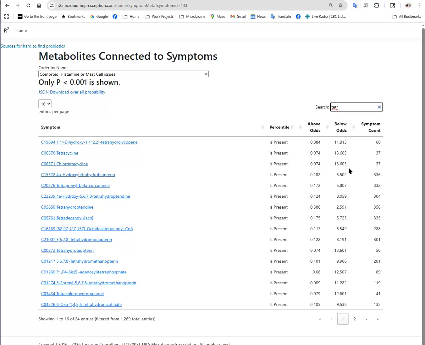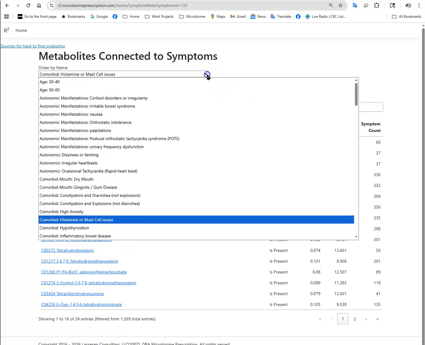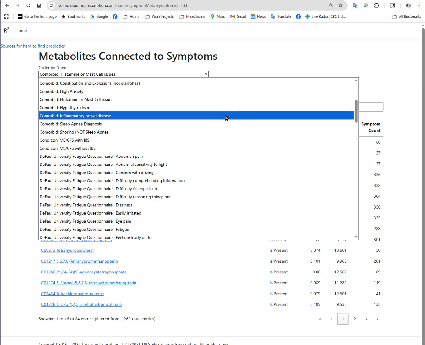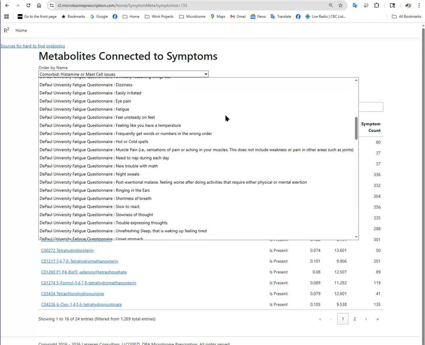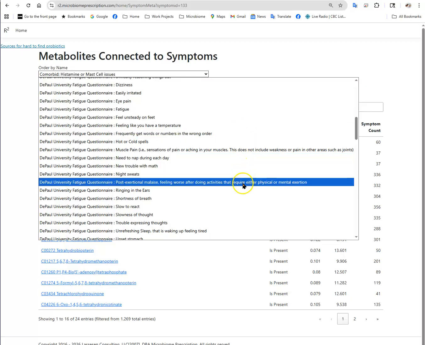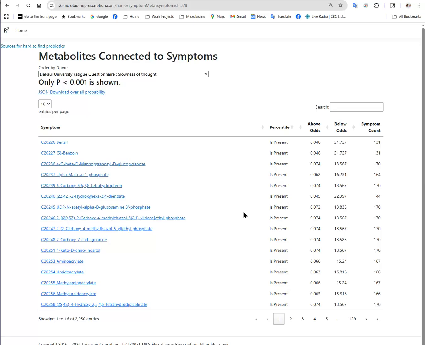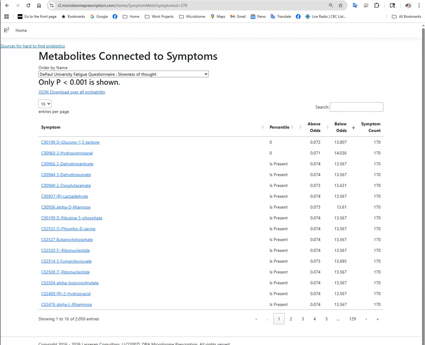So what we have here is a relatively interesting way to explore what is causing something and ideally start working on how to do that. For example, slowness of thought. Again, we have 2,000 different things which are statistically significant. Remember, these pages are sortable, so you can click here and in this case we see percentile being 0, not present.